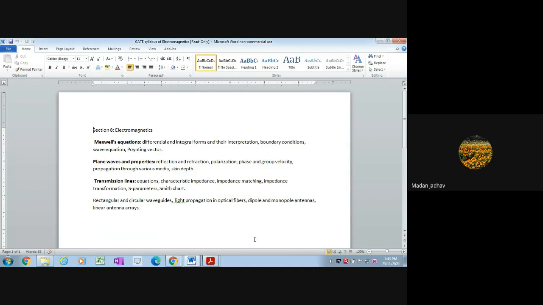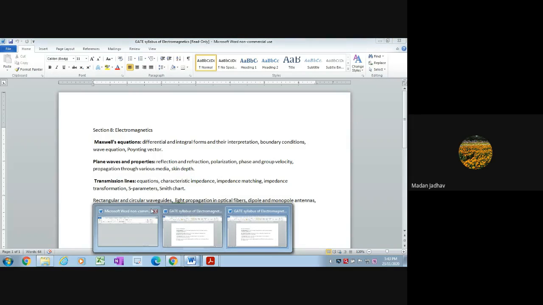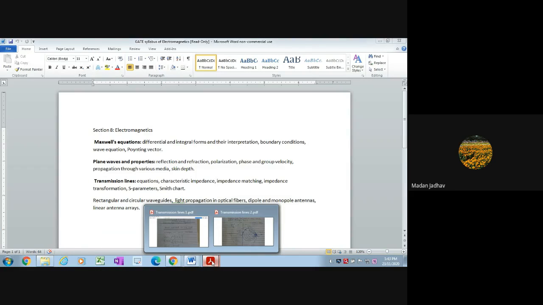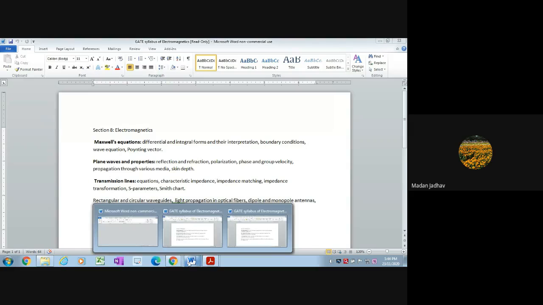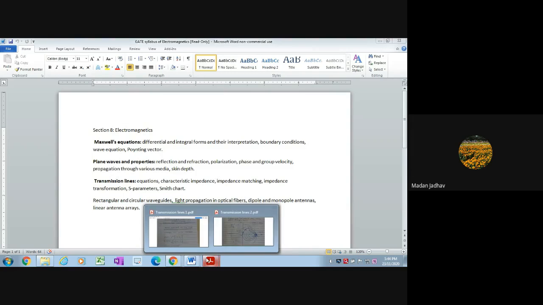We will discuss the Smith chart directly, and also the S parameters, that is S11, S21, S22. These are the scattering parameters, from which we can understand the power reflected and the power absorbed at specific ports. Okay, this is possible by using these S parameters. Now here we will discuss the Smith chart.